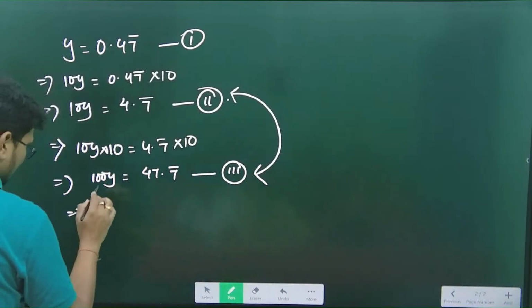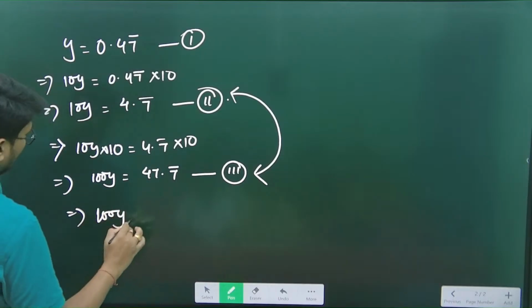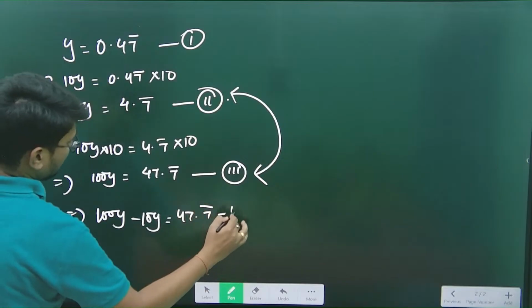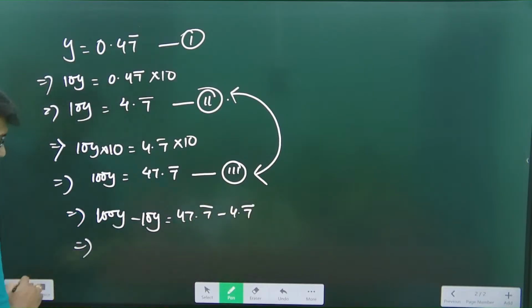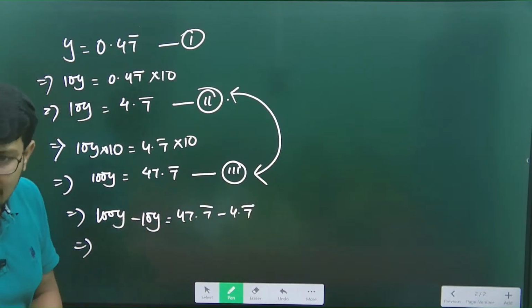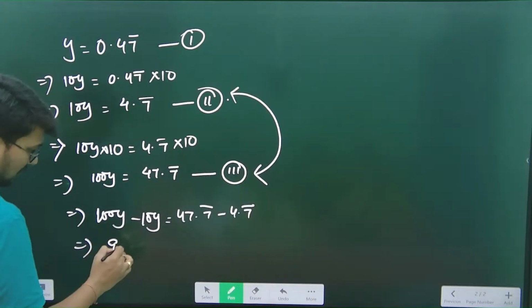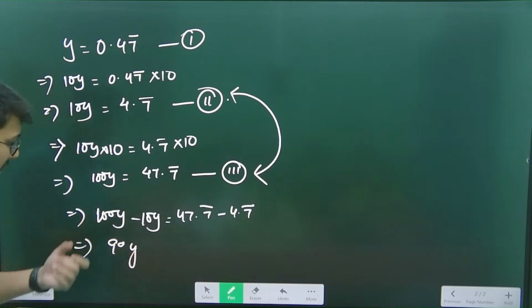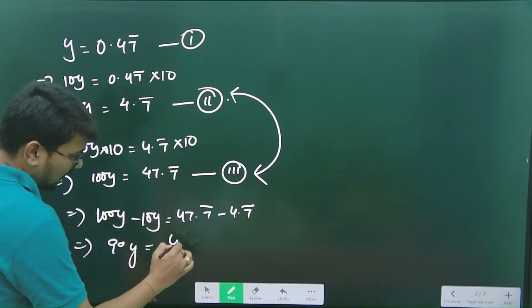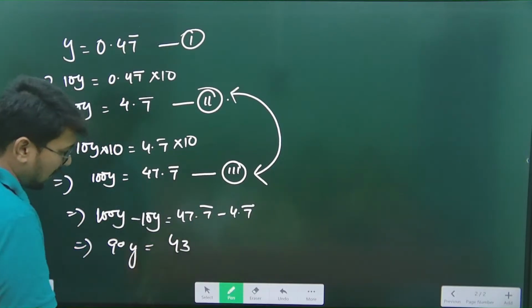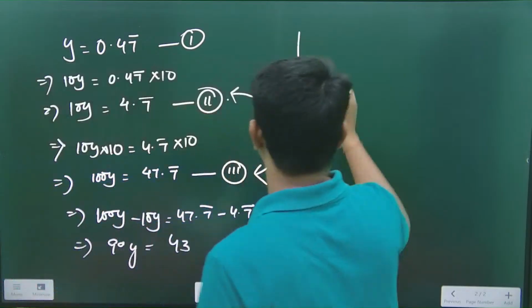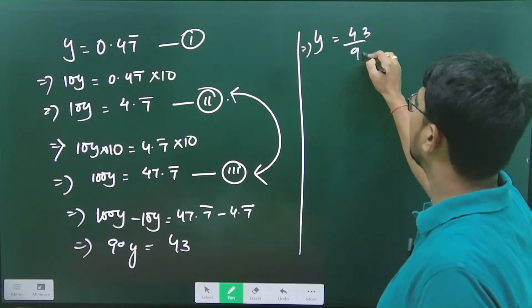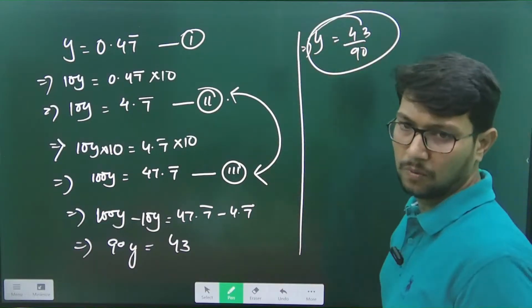So, chalo, let us subtract. 100y minus 10y equals 47.7 bar minus 4.7 bar. This implies 100 minus 10 is 90. y equals 47 minus 4, that is 43. So therefore y equals 43 by 90. This is the y value.